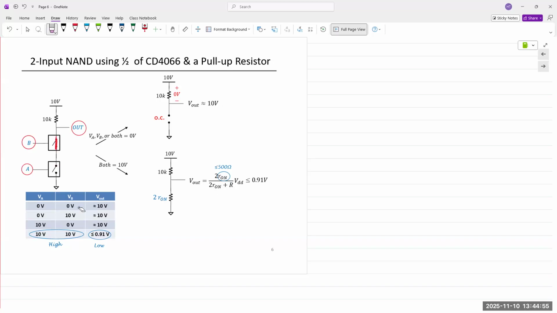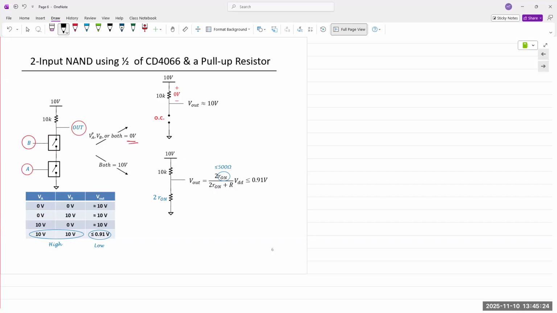So if we use that, when VA or VB is 0, one of these switches will remain open, right? In order for the 4066 switch to function, we need to apply a high input. You apply a high input, the switch activates and it closes. For all other inputs, the switch is going to remain open.